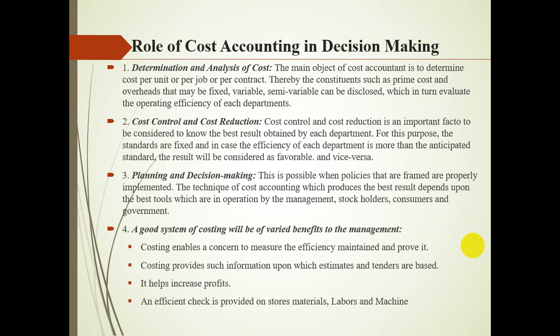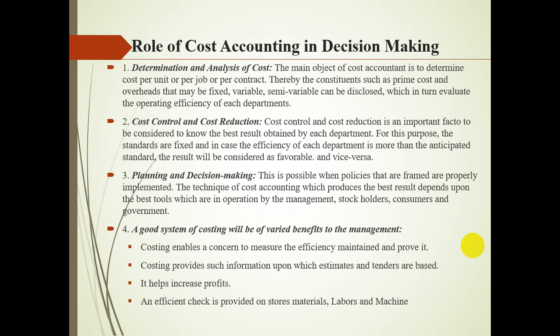Now, the role of cost accounting in decision making. What is the role of cost accounting when you are making decisions? How is it important? First, you have to determine an analysis of cost. As an accounting officer or as a cost manager of the organization, you need to know what my fixed costs, my variable costs and my semi-variable costs are.